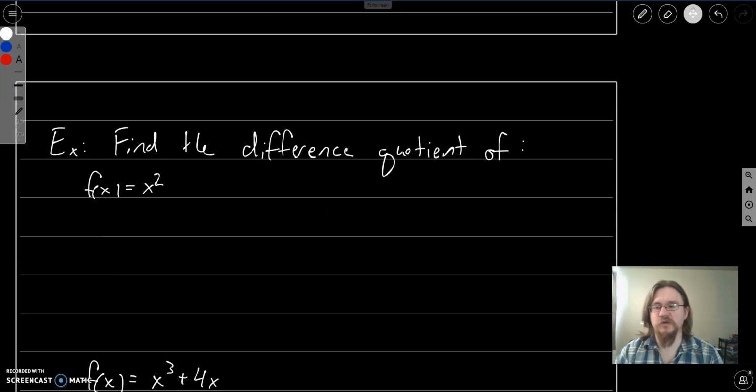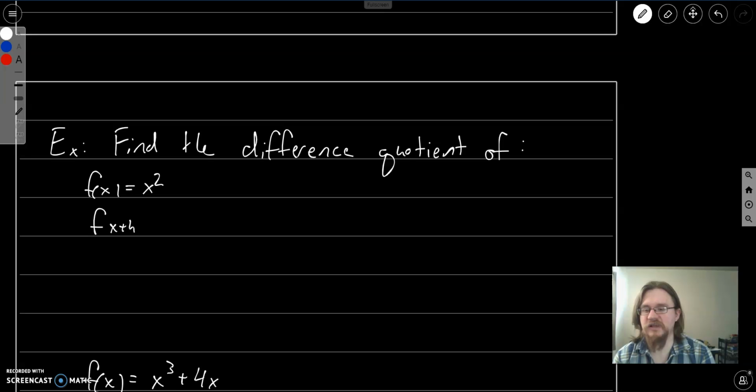Let's find the difference quotient of f of x equals x squared, the one that we were just looking at. Well, the difference quotient is going to be f of x plus h minus f of x over h. So let's start simplifying this.